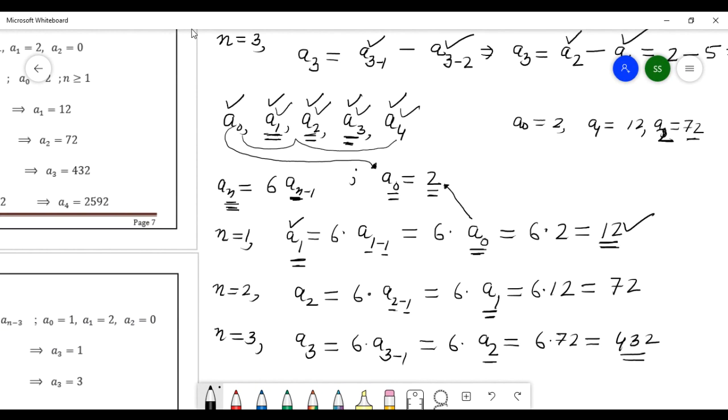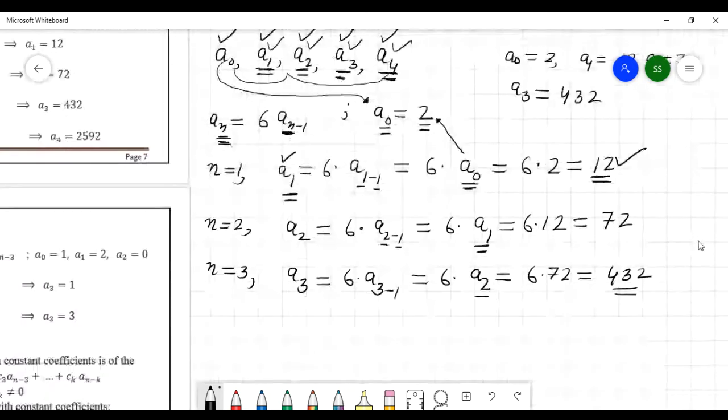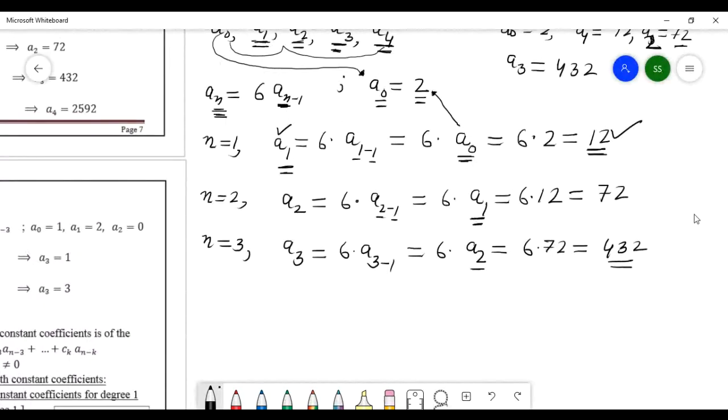Okay, that is a3. Now a3 is 432. Next is a4. For a4, n equals 4.